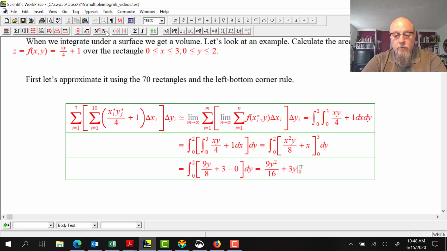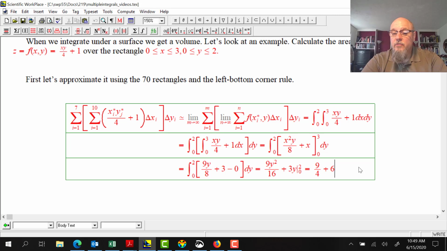The y's go from 0 to 2. So sub in the 2, so that's going to be 4. So that's 9 over 4 plus 6. Units cubed if we're thinking about it as a volume.